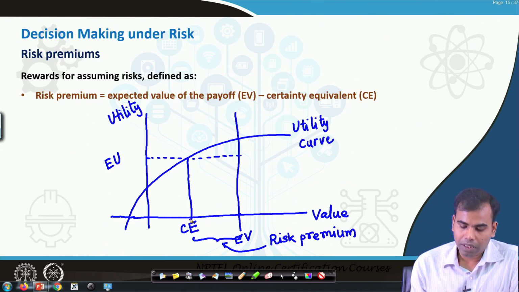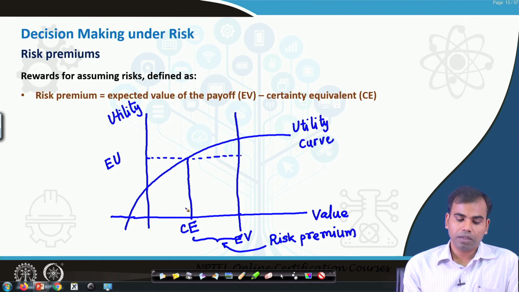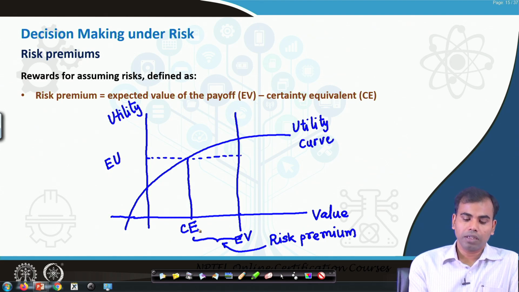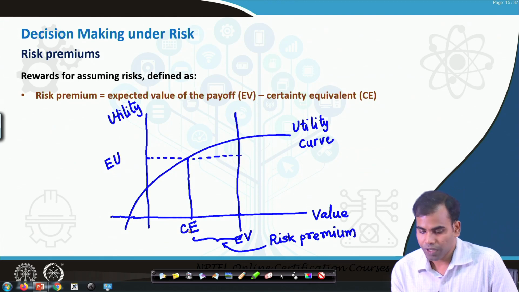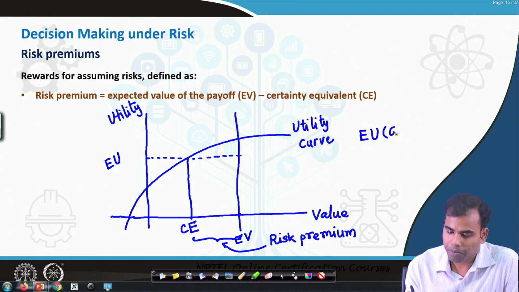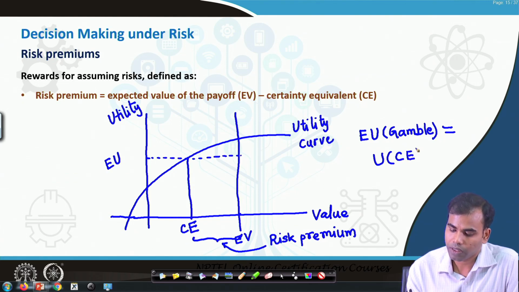So, the expected utility derived from the risky option and the utility derived from the sure shot option are equal where the certainty equivalent point is lying, which can be summarized as: the expected utility of the gamble or the risky option is equal to the utility of the certainty equivalent.